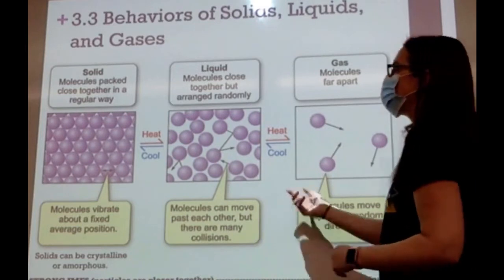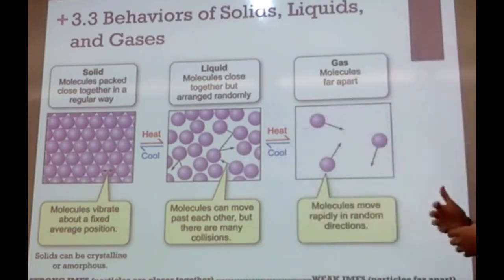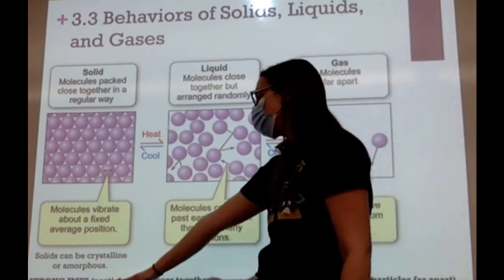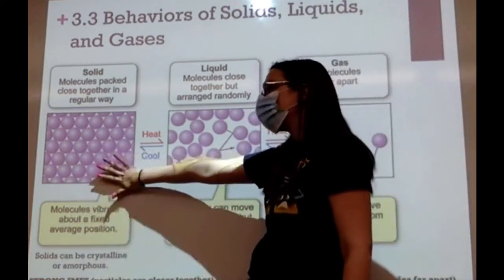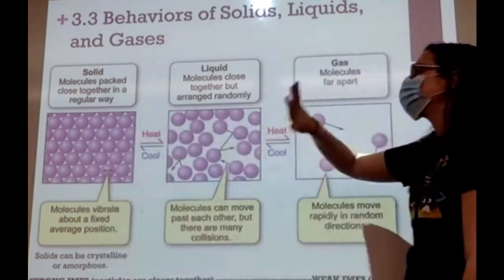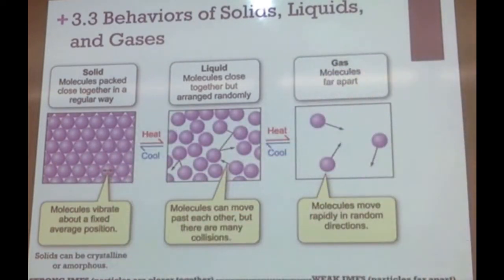Then we get to liquids. So the molecules are still pretty close together, but they're more random. And then gases, the molecules are very far apart. Now, if we compare it to intermolecular forces, all the way at the bottom of this slide, solids have stronger intermolecular forces than gases.